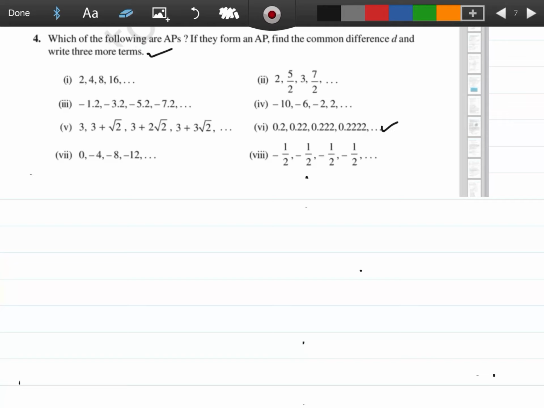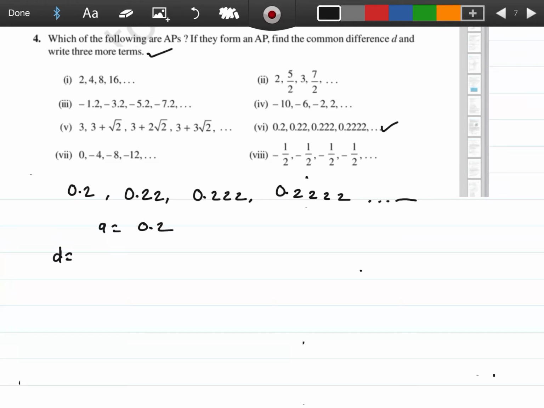Sixth question: 0.2, 0.22, 0.222, 0.2222, and so on. So first of all, A is equal to 0.2 and D is equal to 0.22 minus 0.2.